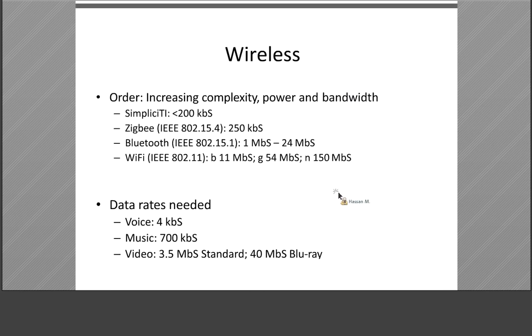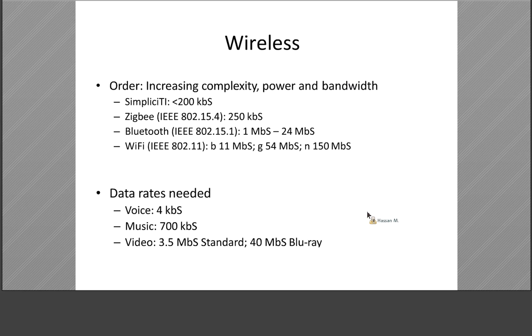Another topic: wireless serial communication protocols. Here, in order of increasing complexity, power dissipation, and consumed bandwidth. For example, at the simple end, bandwidth is lower than 200 kilobit per second, with lower complexity and lower power dissipation.